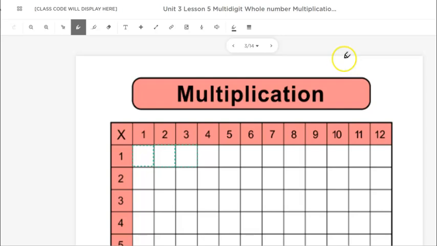Now, slide 3. You may put in your answers. This is a multiplication chart. So I started putting boxes where you can type in your answers. But the problem is I'm going to have a check mark blocking each corner. So I stopped.